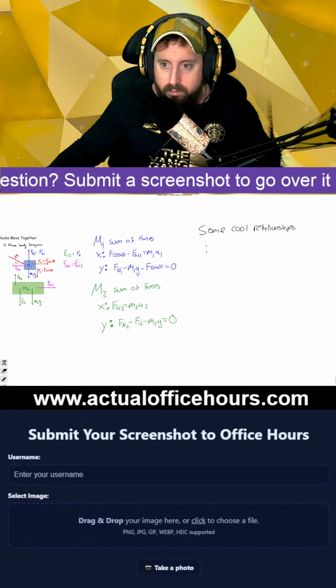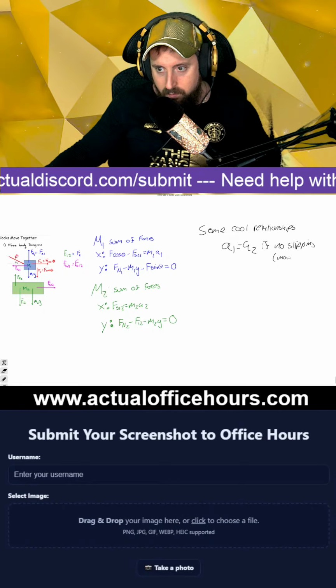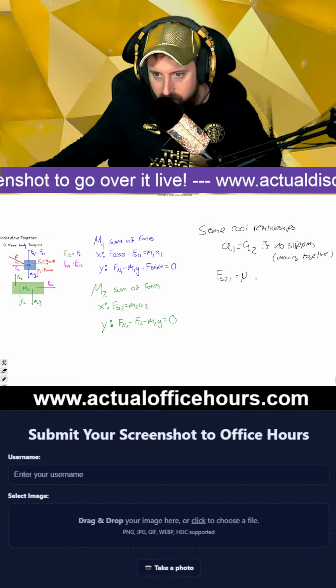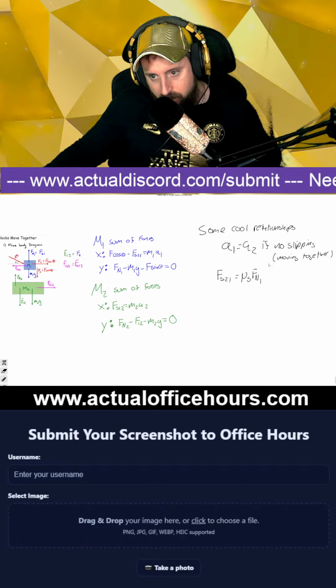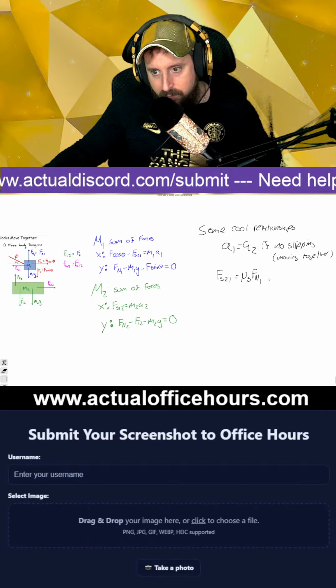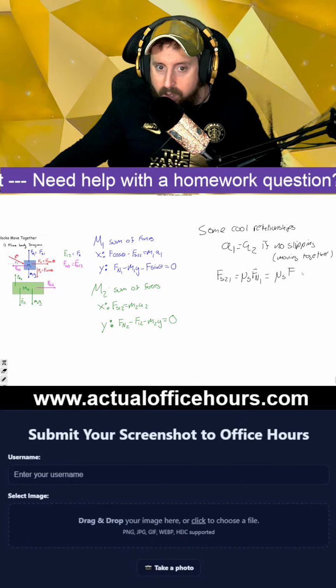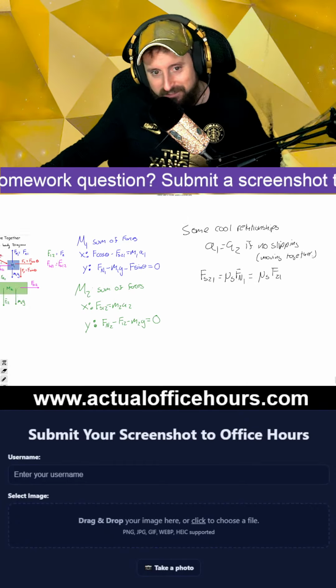Okay, so if the things are moving together, is that FS21, FN1, right? And this is also equal to mu s F21, which is also equal to mu s F12.